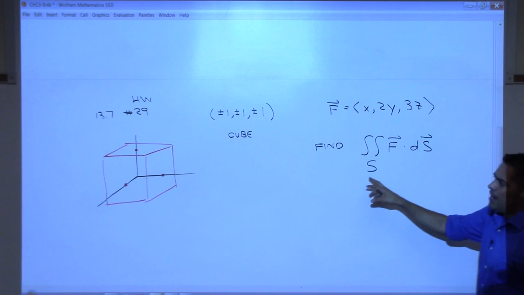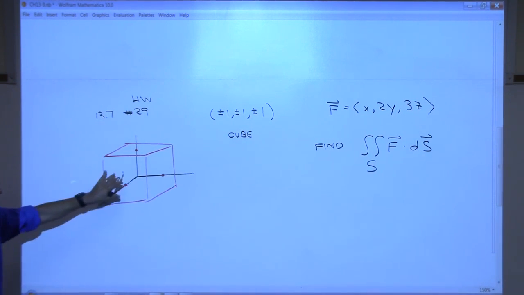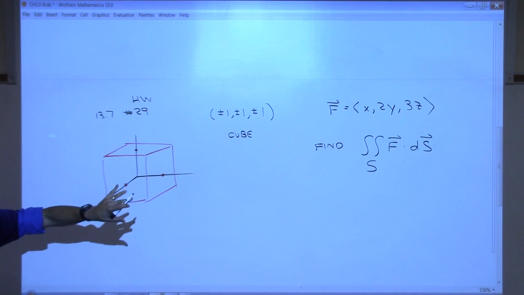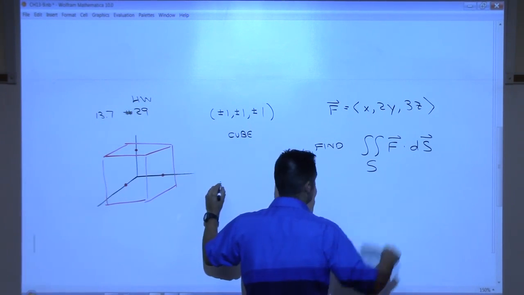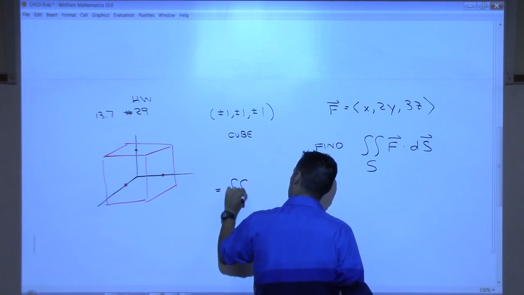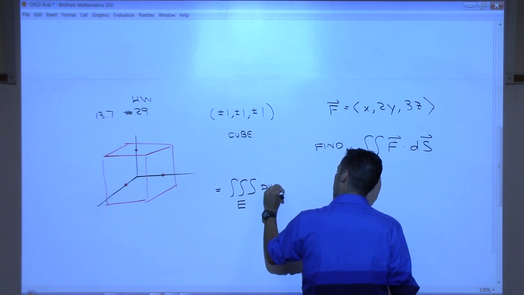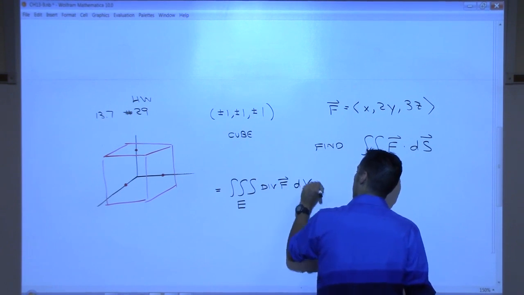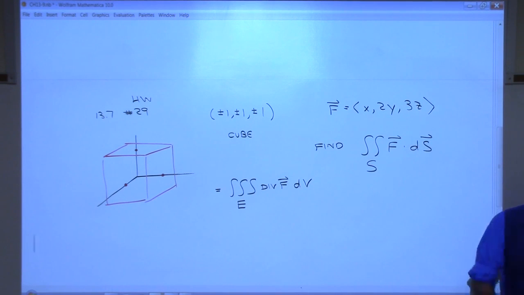Does this surface S enclose a solid? Yes? That solid in there is E. So I can convert this over to a triple integral over E. So this is going to become the triple integral over E of the div of F with respect to volume. Now I need to compute the div of F. So what is the div of F here?